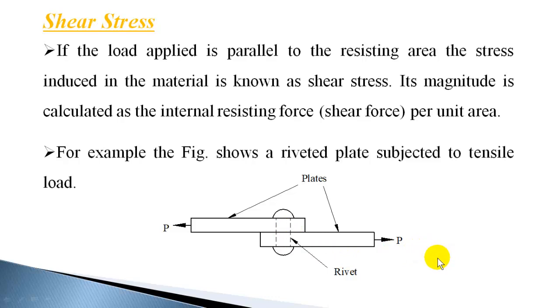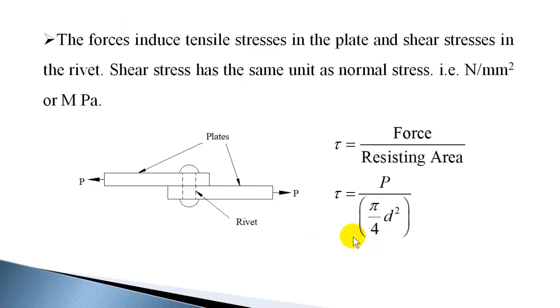So you can find the shear stress as again force divided by resisting area, but the resisting area is going to be parallel to the load, and whichever area is resisting that load, you have to take that area into consideration in the calculation, and you denote the shear stress by the notation tau.